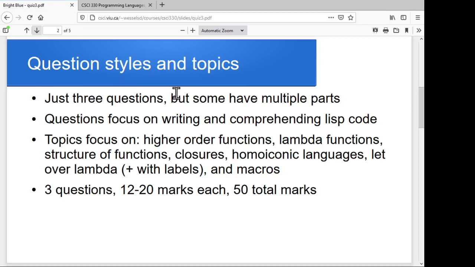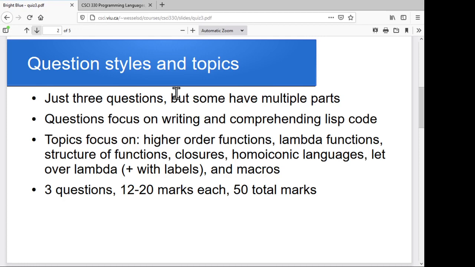So for this quiz, there's just 3 questions, although a couple of them have multiple parts to them. And it's almost entirely writing or comprehending existing Lisp code. And this is very much focused on the higher order functions, the lambda functions, the structure of functions, right?